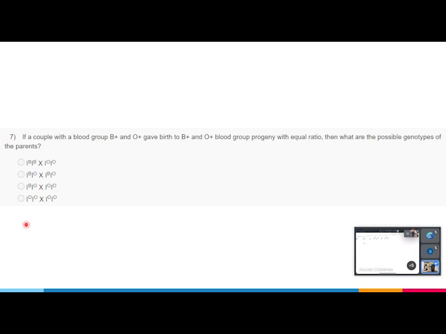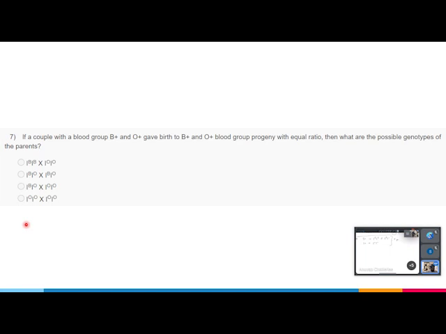Or we have O positive, which can only be IO-IO, nothing else. So this is our P generation. We have two cases from here that can occur.